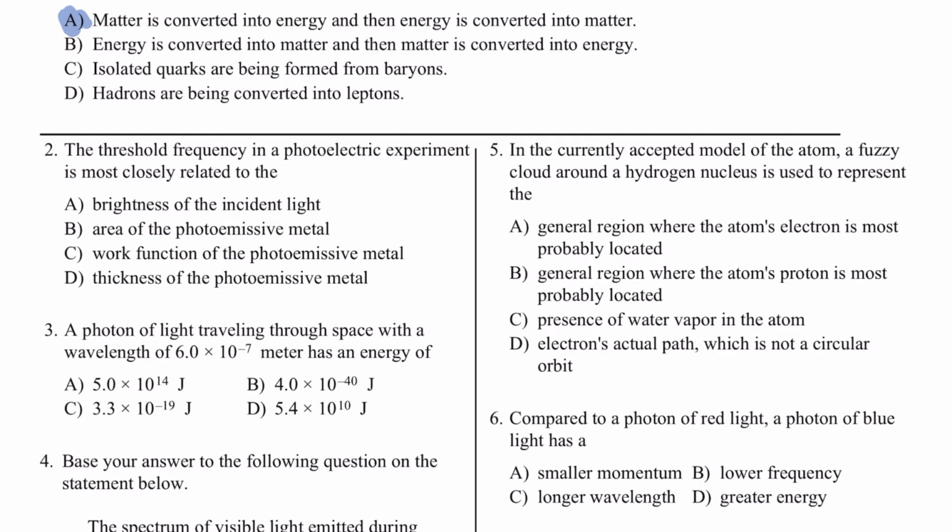Number 2, the threshold frequency in a photoelectric experiment is most closely related to the what? So remember that frequency is related to energy. They have a direct relationship with each other. So let's look at the answer choices and see if any of them relate to energy. A is wrong because it's talking about light intensity, and remember that light intensity relates to the number of photoelectrons, not frequency.